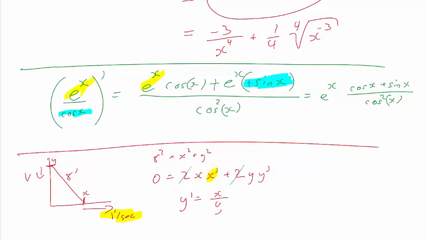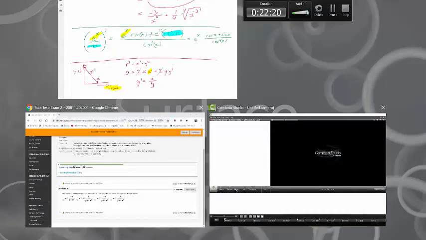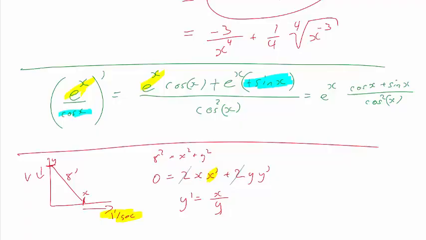Okay, and so let's go back to the question for a second. We need to get it in terms of x. Y prime is the same as v. All right, so we've got x here, and we want to get a term for y now. Let's do something similar. Let's go with this one.